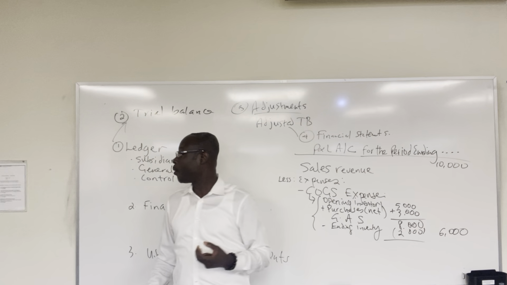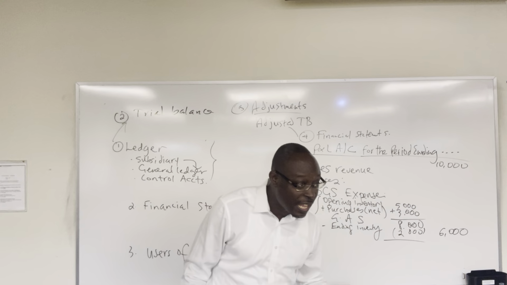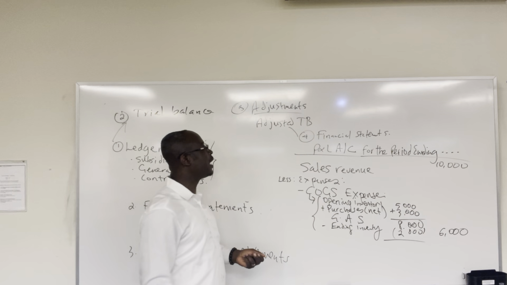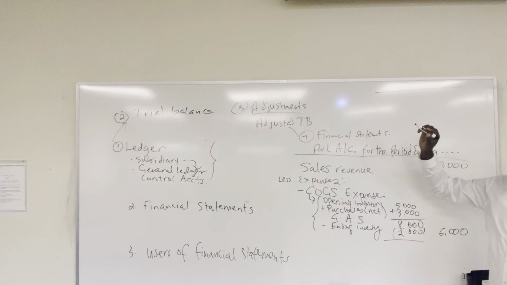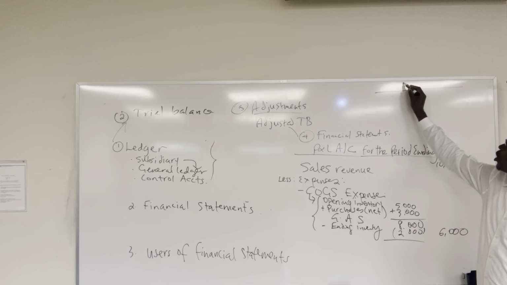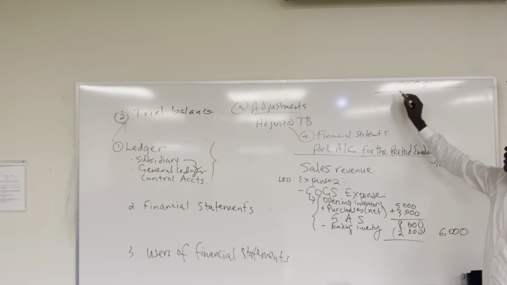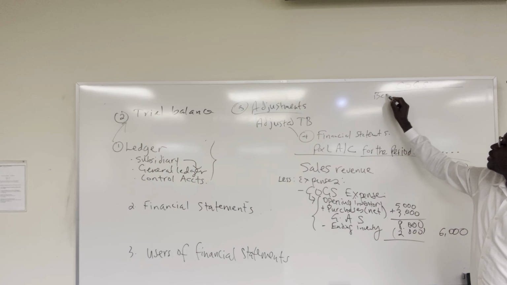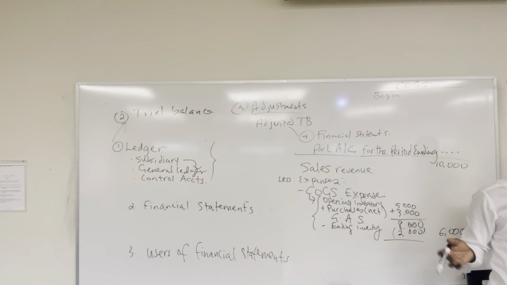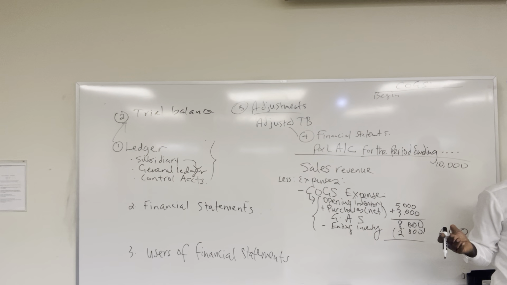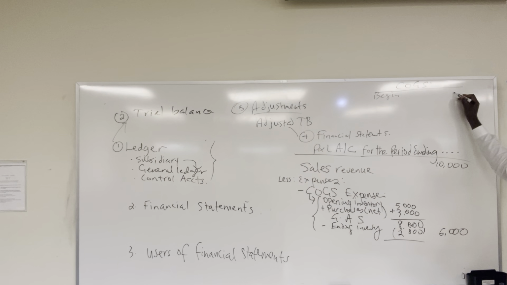But if you don't like memorization and you want to understand it, then the way you're going to do it is you are always going to say it like this. Okay? This is the analysis approach. Cost of goods sold analysis approach. You're always going to start with beginning. Every account in accounting, you can do it this way and you'll be able to figure out what is missing. The beginning is what? 5,000.